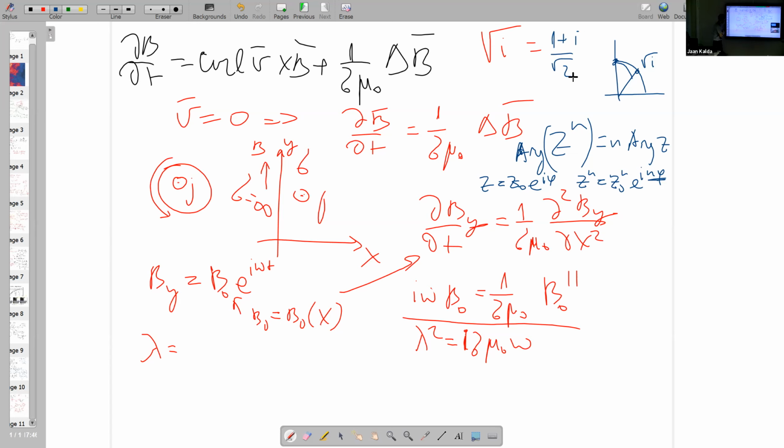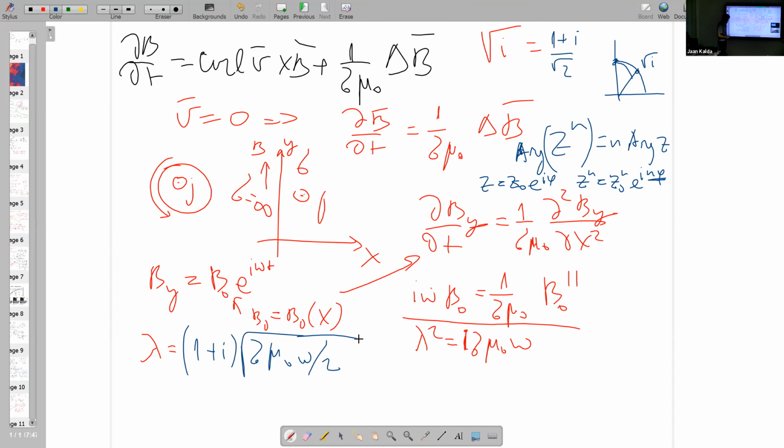So lambda will become 1 plus i multiplied by the square root of sigma mu naught omega divided by 2.